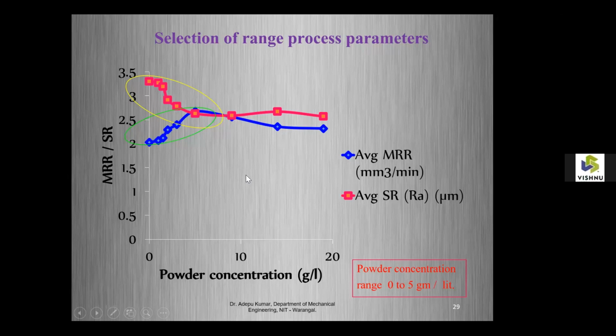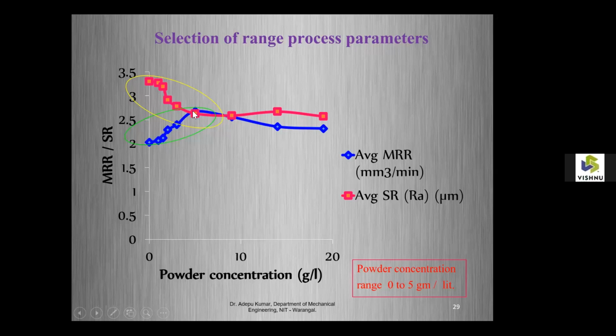Ra is the average value of peaks and valleys. If the depth or diameter of the crater is low when the powder is added, then surface roughness is decreasing up to a certain level, and beyond that it is increasing. This is again due to agglomeration of the powder particles.